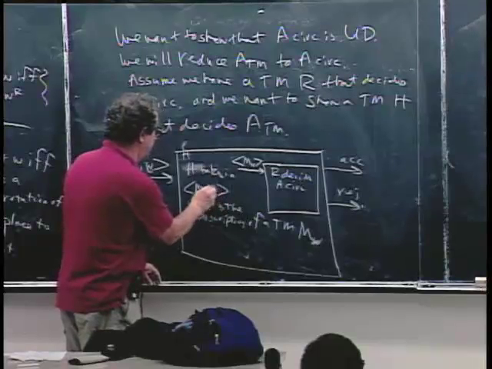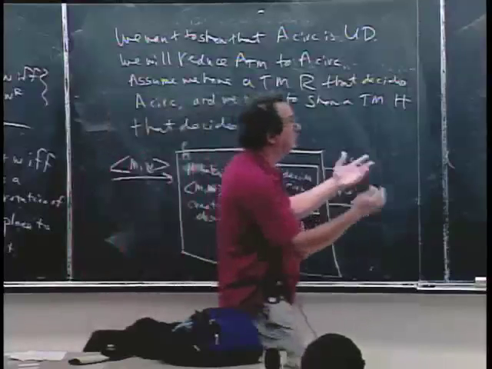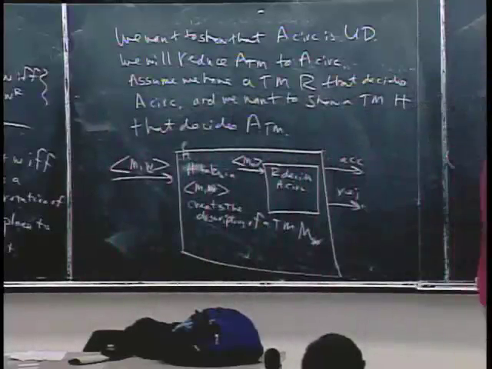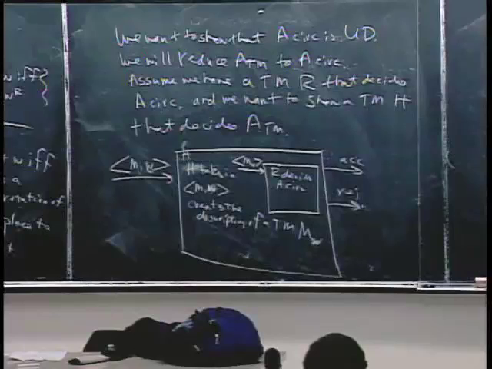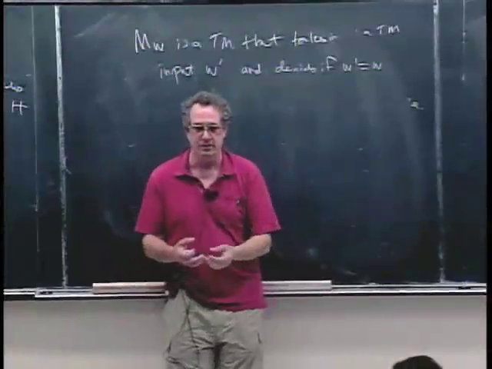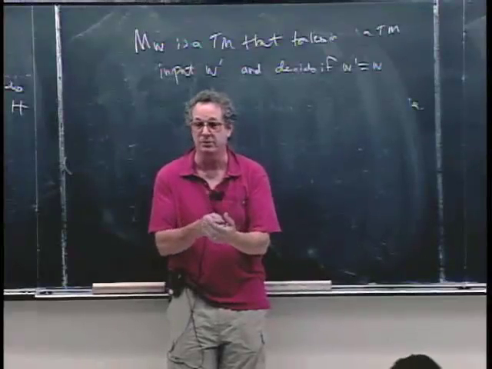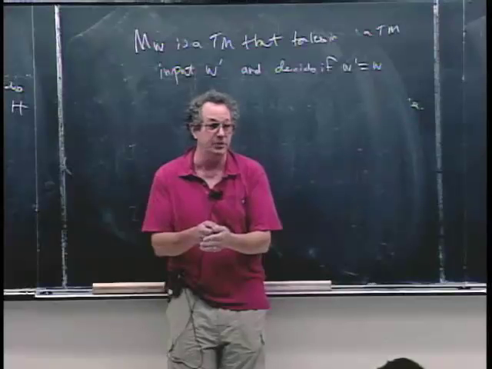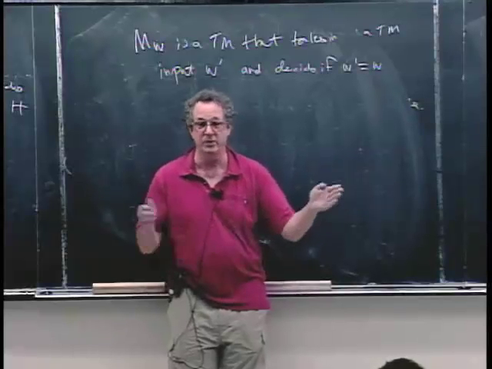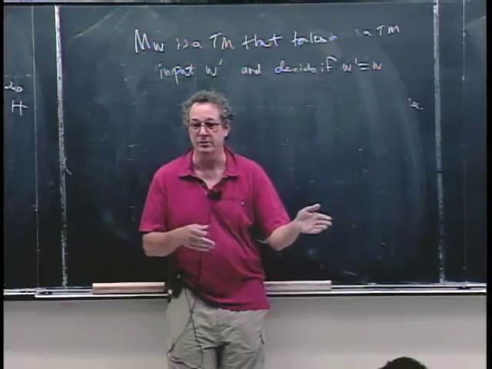can look at any particular input. It can take in any particular input W prime and decide if W is equal to W prime. Okay? Well, that's easy. I mean, if we actually do know W, we can even build a finite state machine that recognizes whether a string W prime is W. It doesn't even have to be a Turing machine.